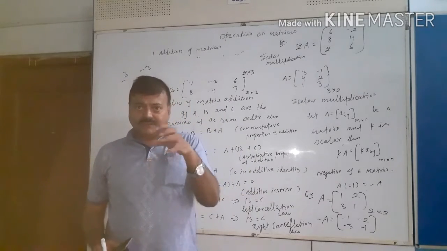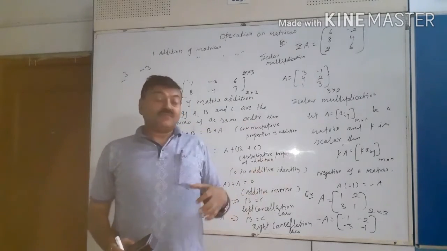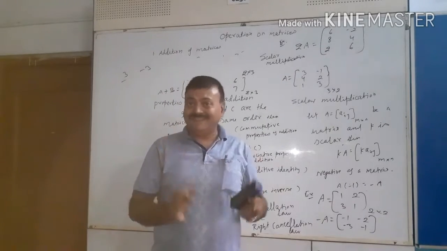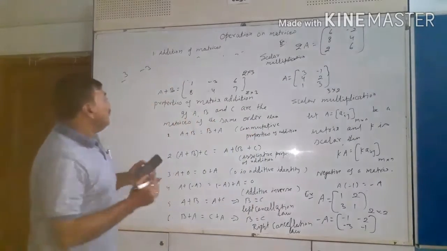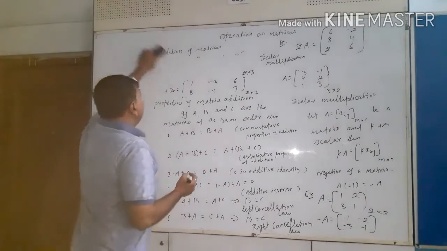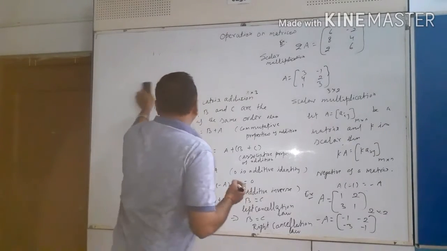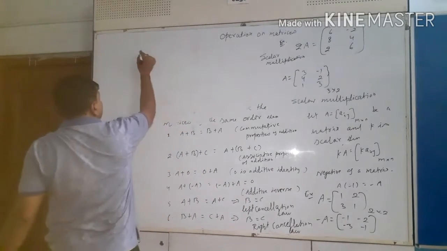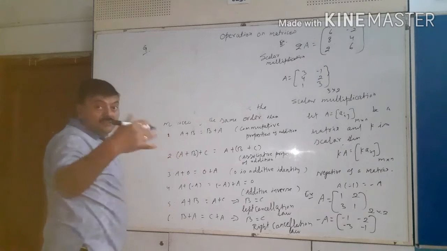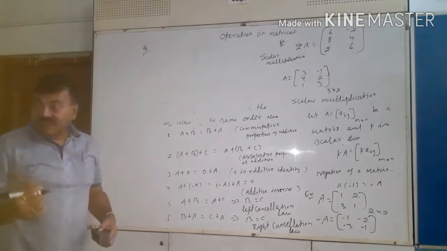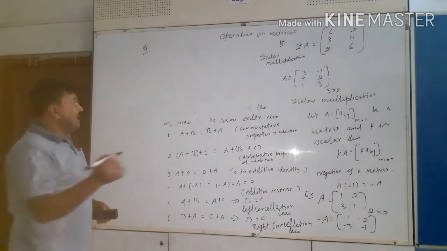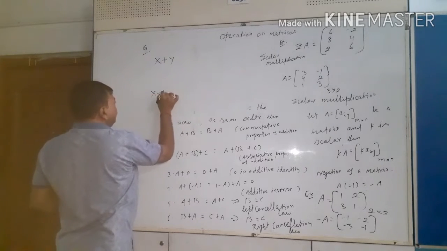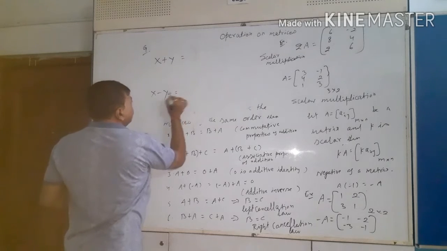Now, some examples. If we solve some examples, then all these operations will be more clear. I am going to write one question. Suppose two matrices are given. Write the question along with me. The question: x plus y and x minus y.